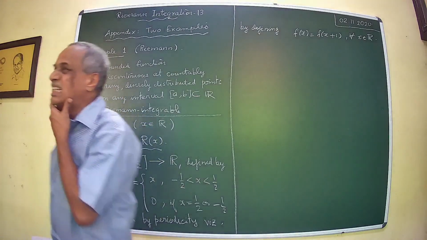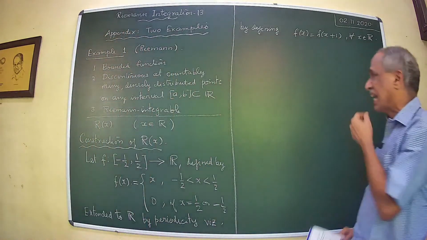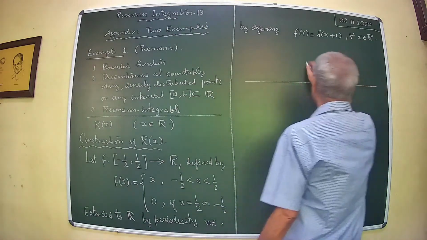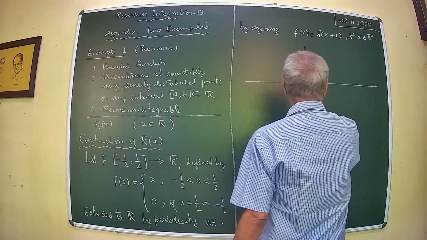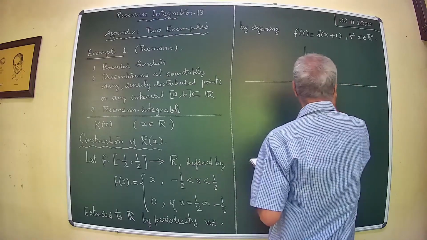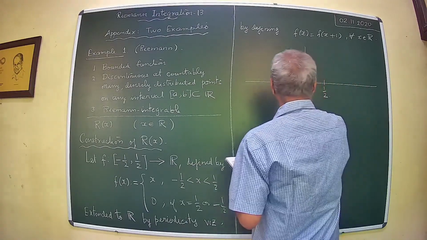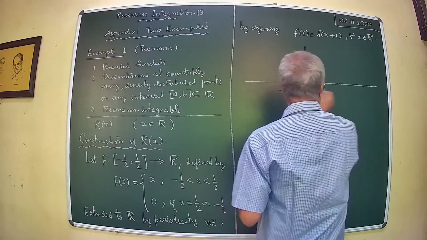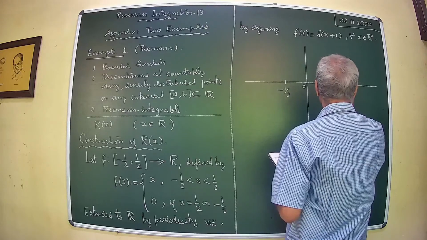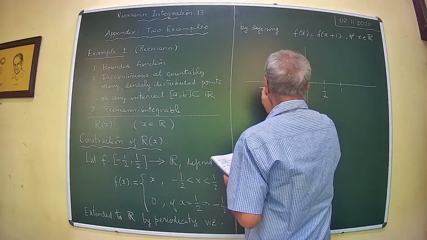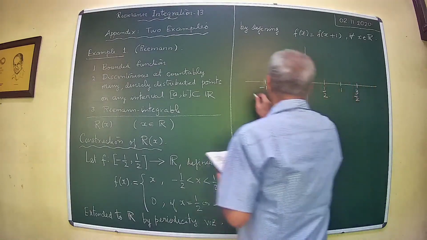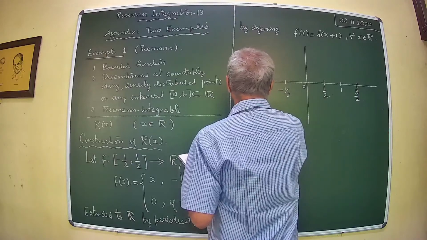Now let us have a look at this function. The graph of this. Let us understand this. We have 0, half, minus half, 1, minus 1, 3 by 2, minus 3 by 2.